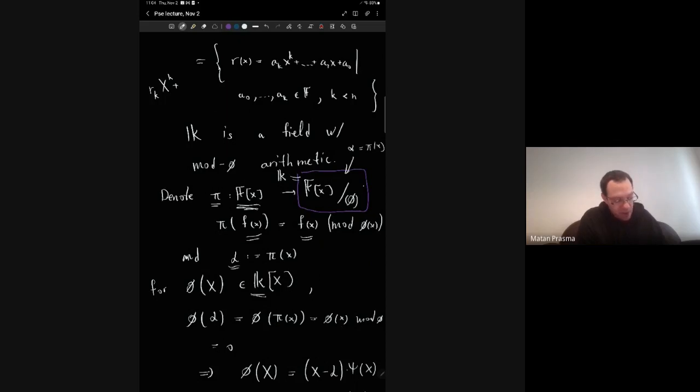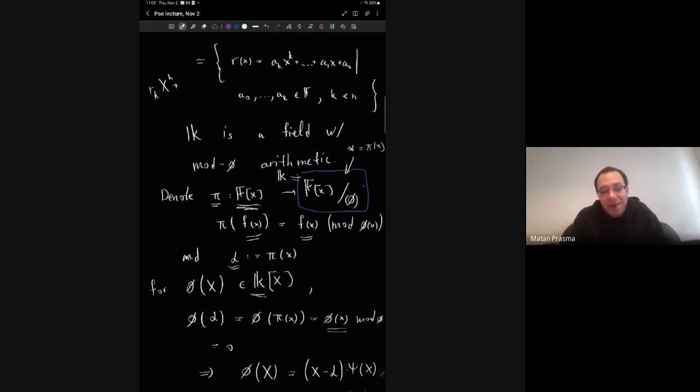Of course, I take a polynomial over K, I substitute an element in K, then I have to get some new element in K. This new element in K is phi(x) modulo phi, which is 0.